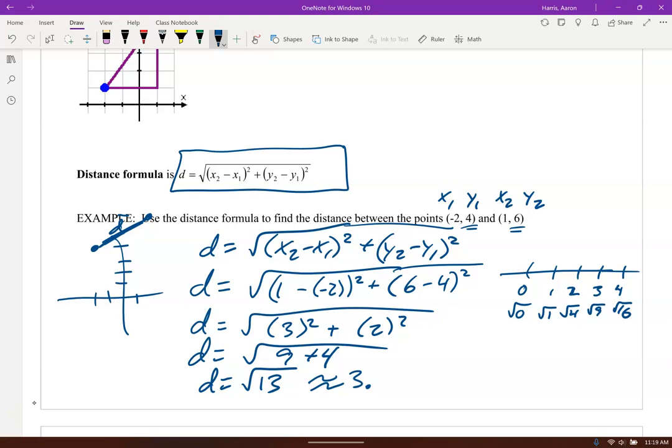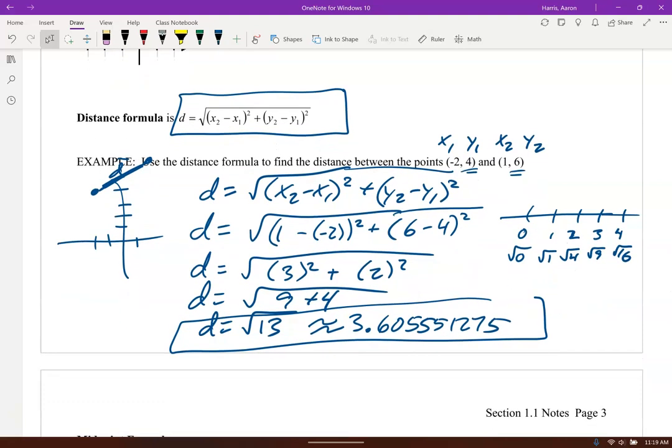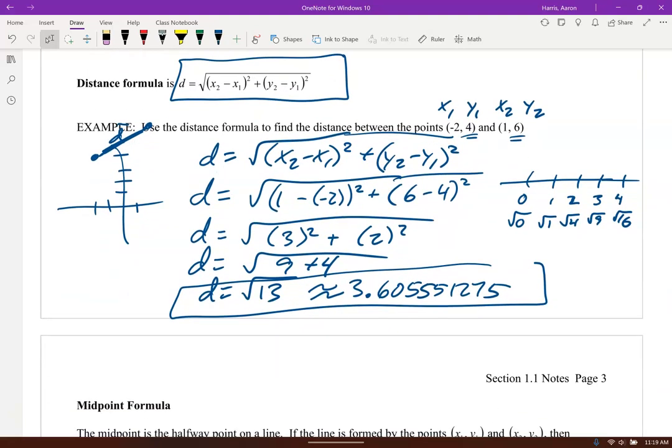Let me punch it in actually. The square root of 13 is 3.6055 if you punch it in. But the exact form is the square root of 13. All right, that's how you find the distance between 2 points.